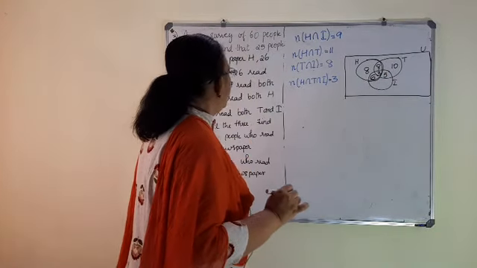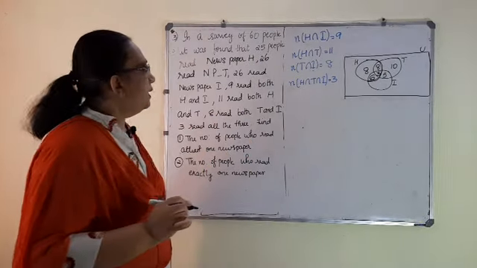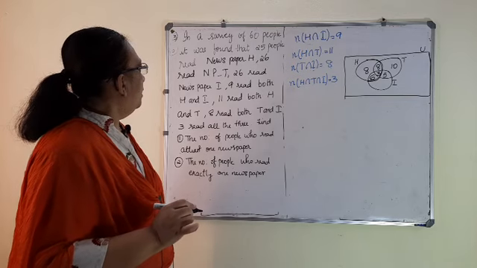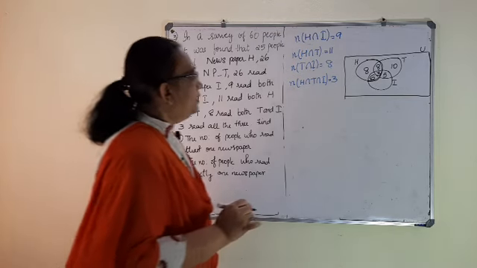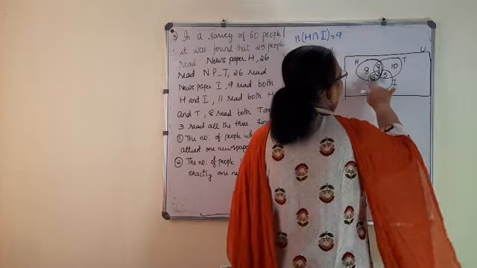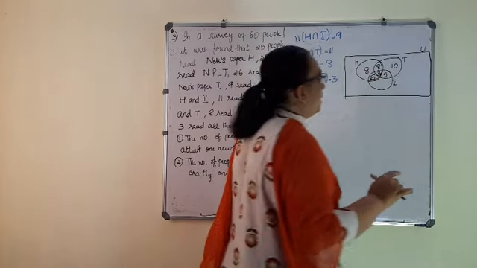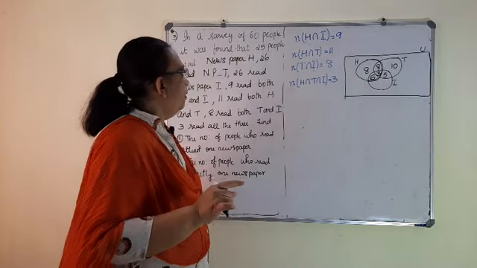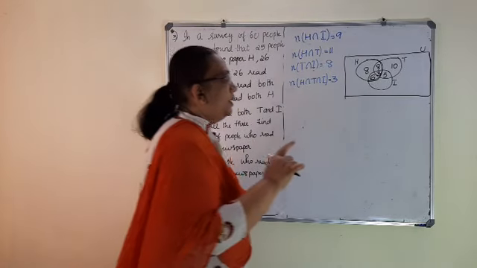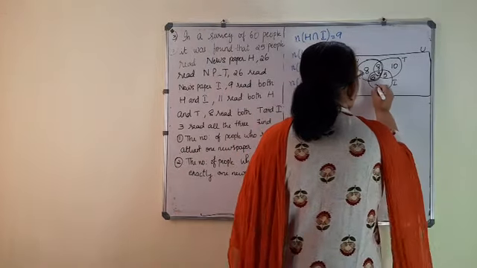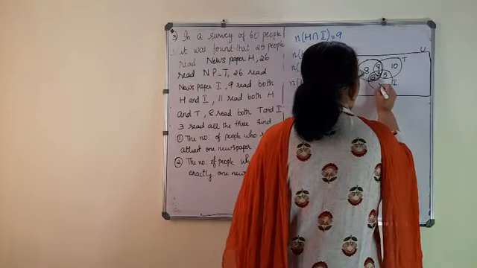Balance 10. Then 26 read newspaper I. 6 plus 3, 9. 9 plus 5 is equal to 14. Balance is 26 minus 14 is equal to 12.